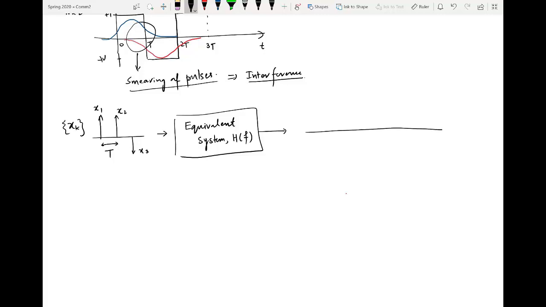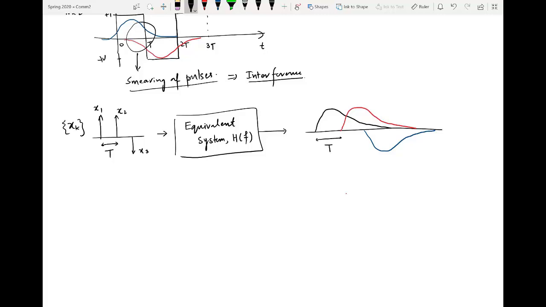The output will be like this. Corresponding to the first sample x1, we may receive a signal like this because of the band-limited nature. For x2, we can have another pulse like this, and for x3 we can have a similar pulse in the opposite direction, right? Again this duration is capital T.